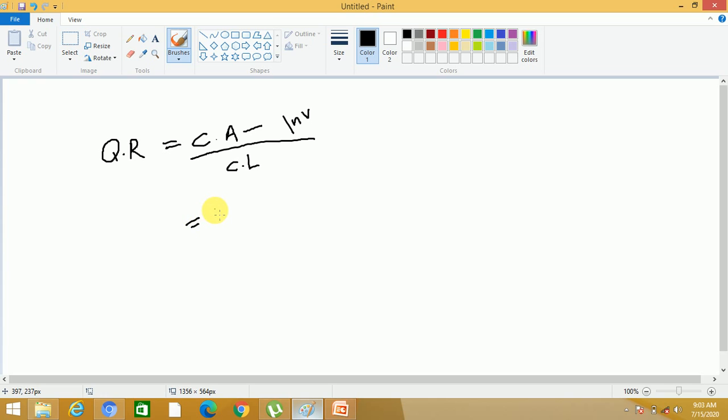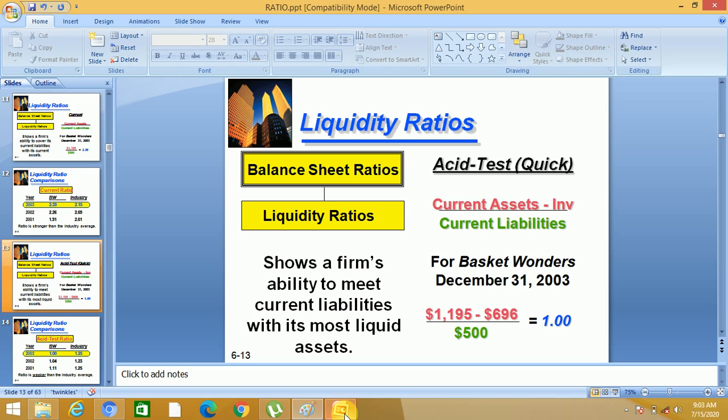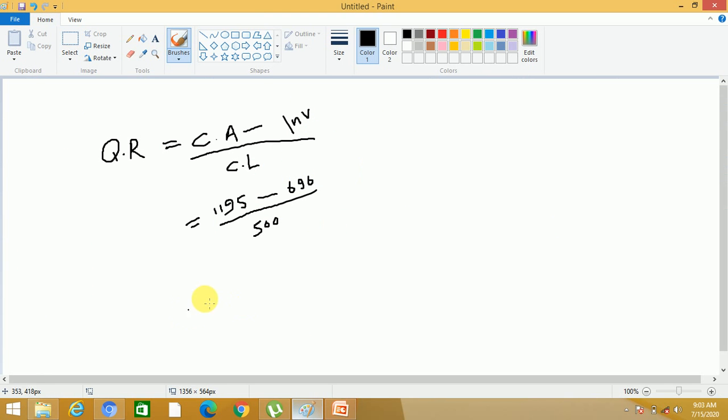Our current assets 1195, minus inventory, it was 696, divided by 500. Check it again, 1195 minus 696 divided by 500. So the ratio that we are getting is 1.00. What does it mean?